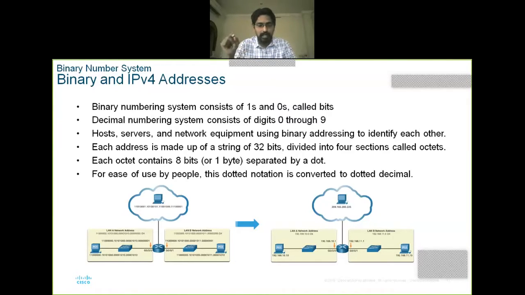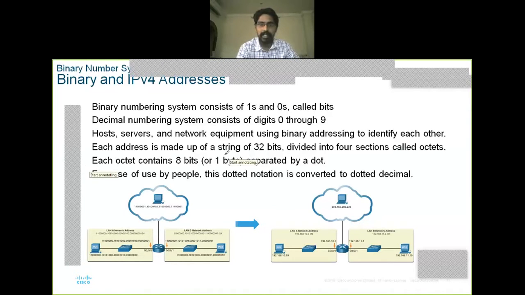That IP address is of 32-bit format, so it contains a total of 32 bits. Those 32 bits are divided into four sections, and each section is called an octet.